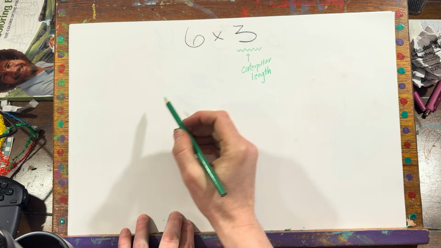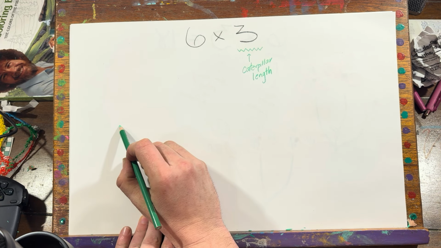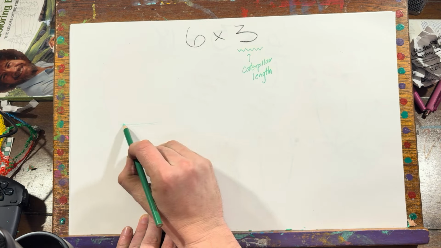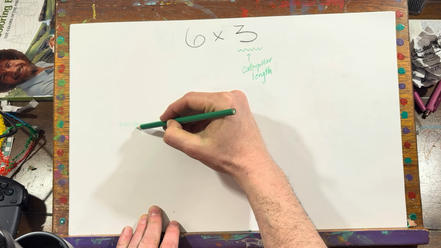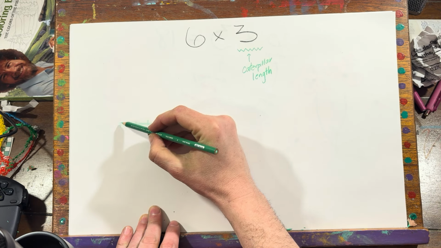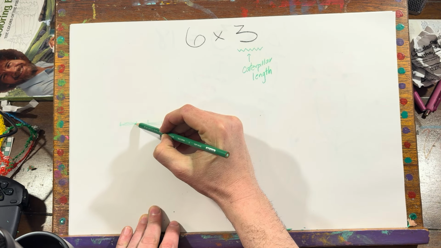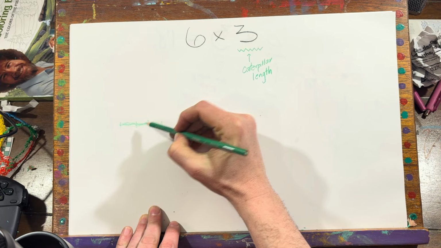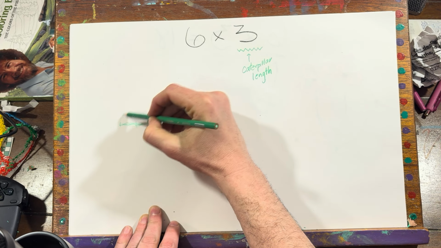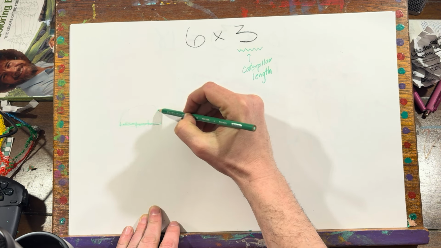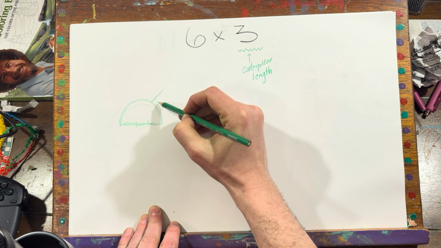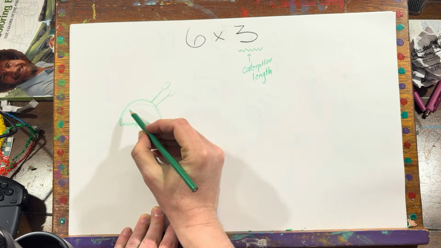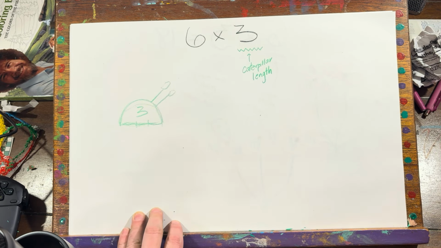So let's draw a caterpillar that is 3 units long. Do you see the 3 units? 1, 2, 3. So I shall draw that caterpillar. Okay, we have a caterpillar that is 3 units long.